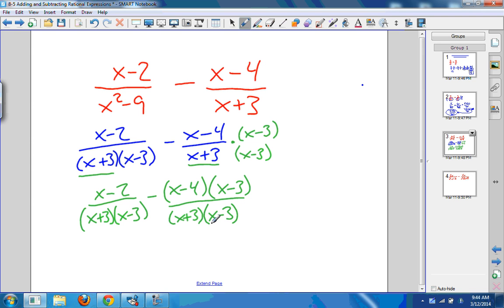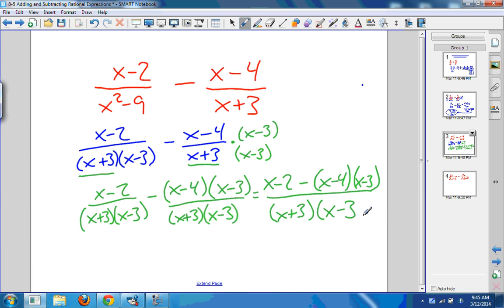So we have the same denominator now, so we can combine these two terms. So we get x minus 2 minus, we have this term, x minus 4 times x minus 3, all over x plus 3 times x minus 3. It's a lot of work. Alright, so the numerator doesn't quite look simplified.